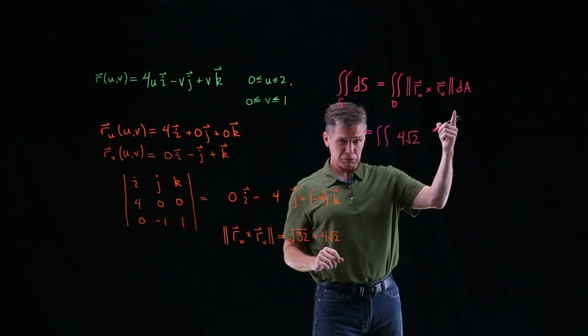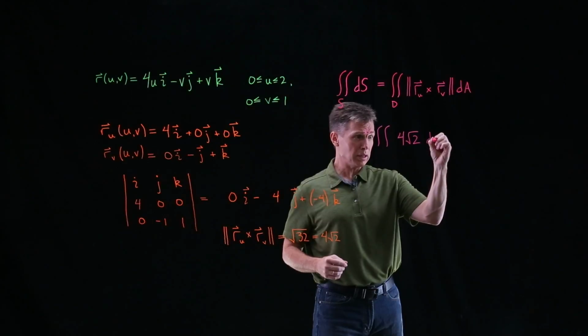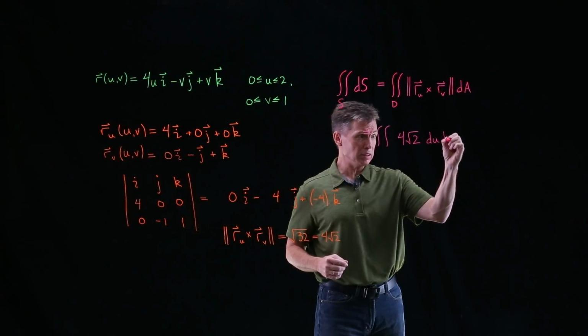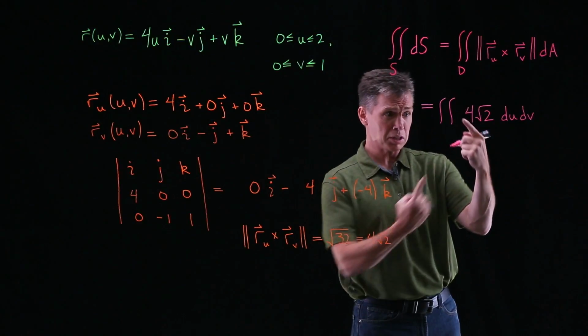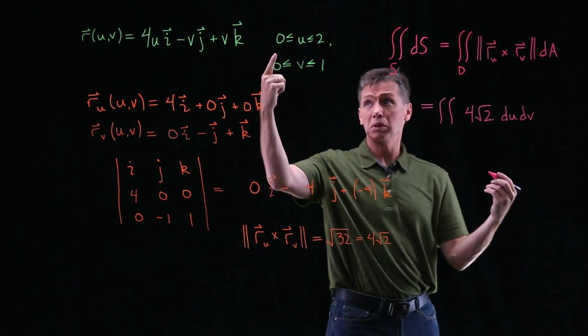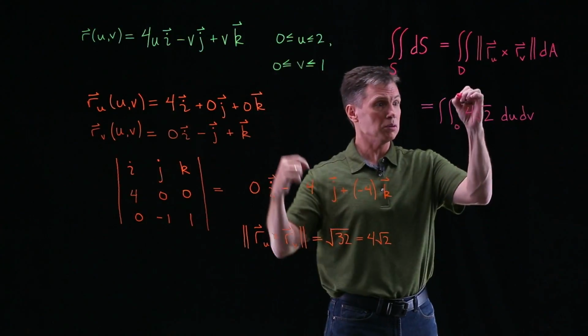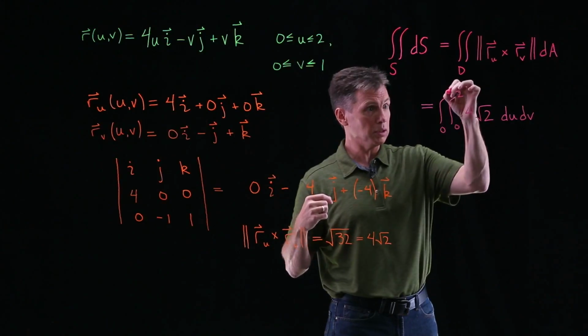And then the dA, the differential element of the area, is actually pretty easy to handle as just du dv in this case, which then makes me think of those limits of integration. That inner one needs to correspond with u. They told me that u goes from 0 to 2. They told me that v goes from 0 to 1.